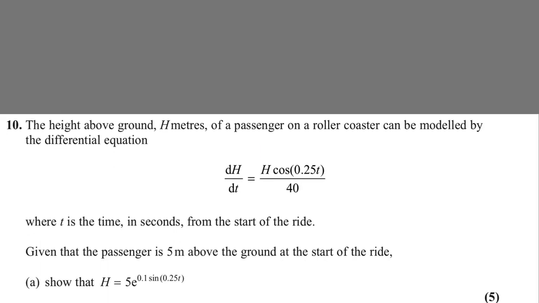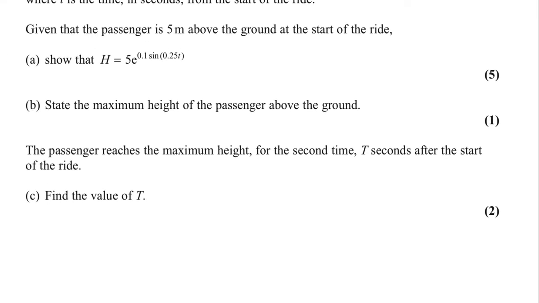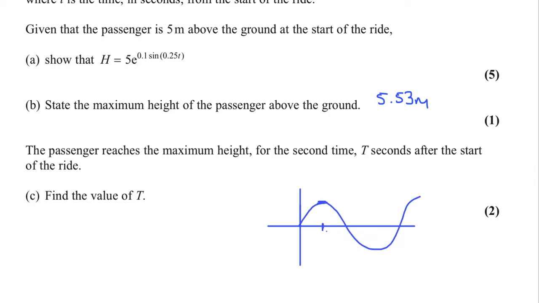C then says that that maximum height that we found here, that 5.53, is reached for a second time at time t. So if you think about the sine wave, we've said that that maximum value has happened here at this 1. That's for little t, or in fact it's for 0.25 little t. So we know that that's at pi over 2.